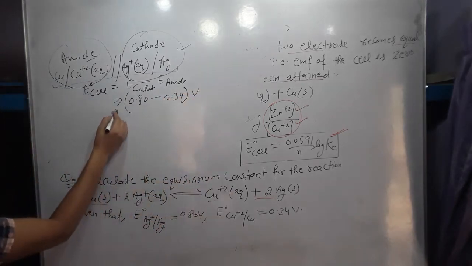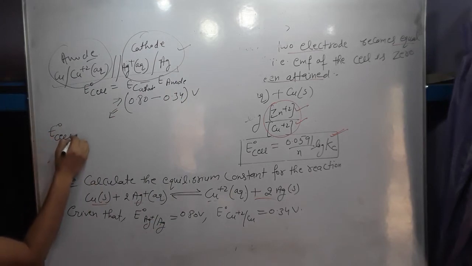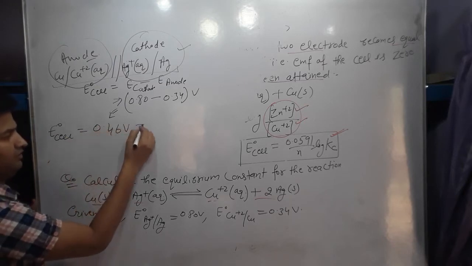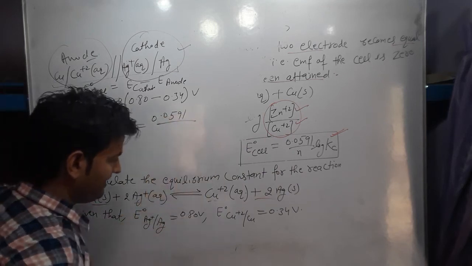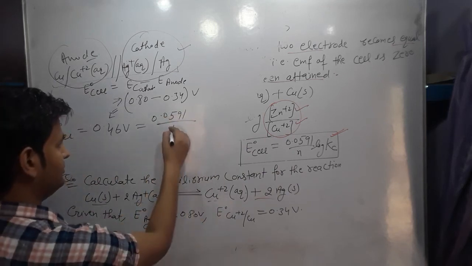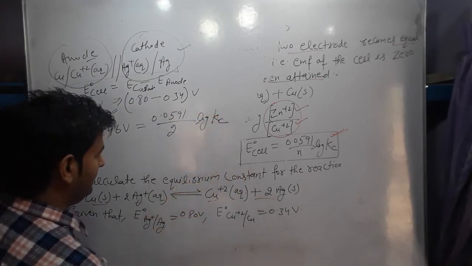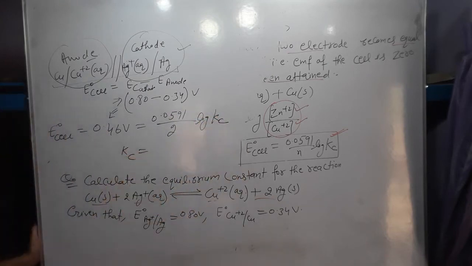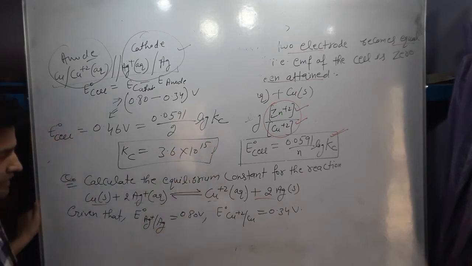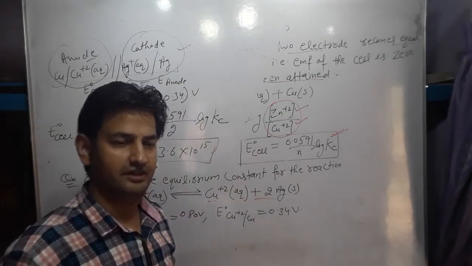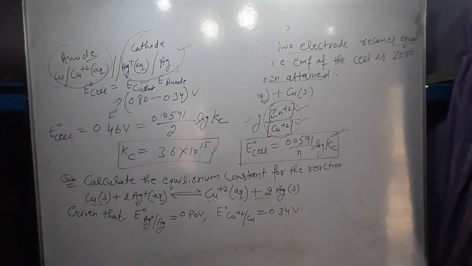So E naught of the cell comes out to be 0.46 volt, and it is equal to 0.0591 over n, where the value of n for this reaction is 2, times log Kc. We can calculate log of Kc, so our Kc comes out to be 3.6 into 10 to the power 15.